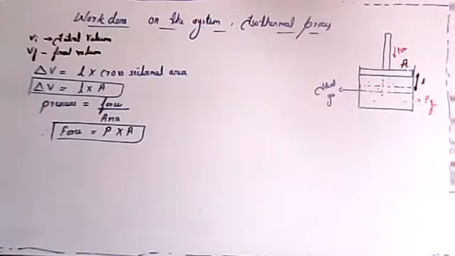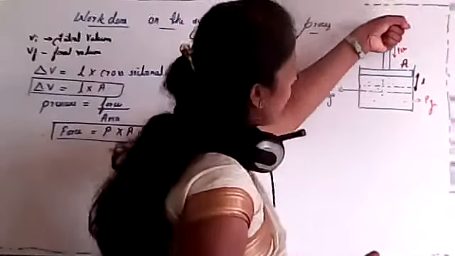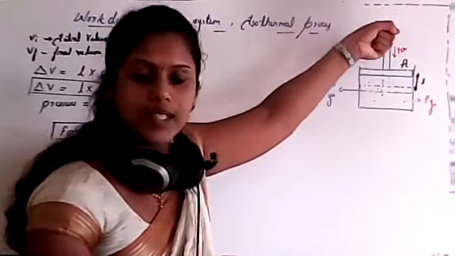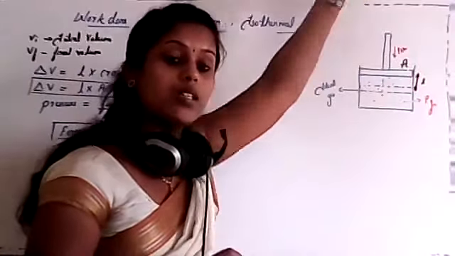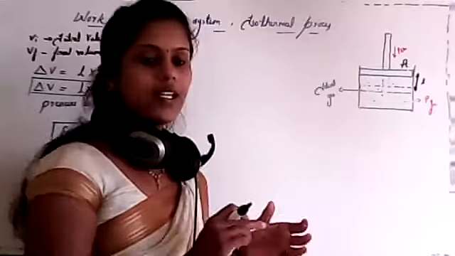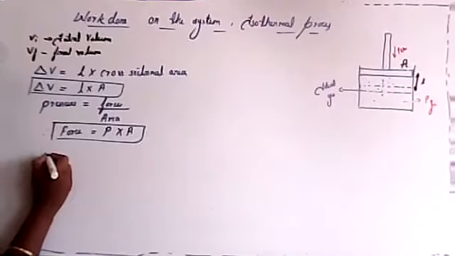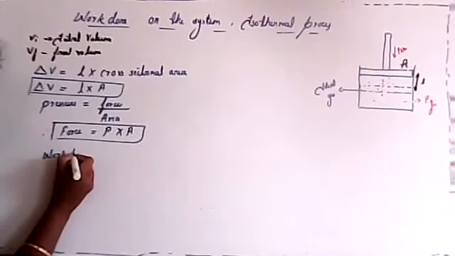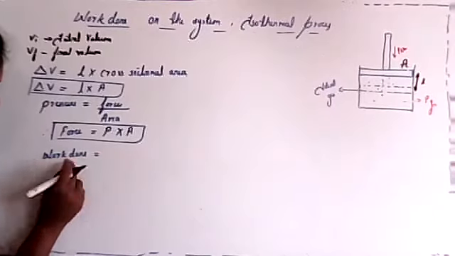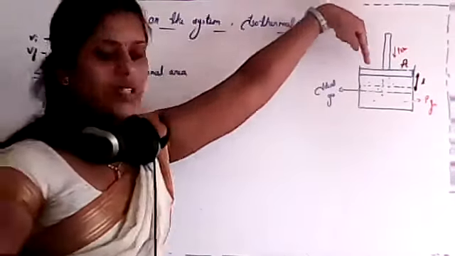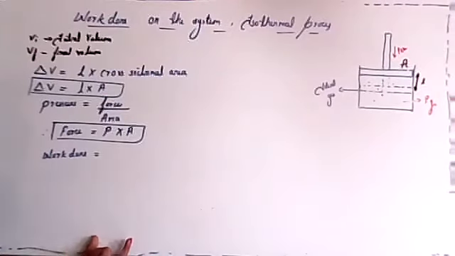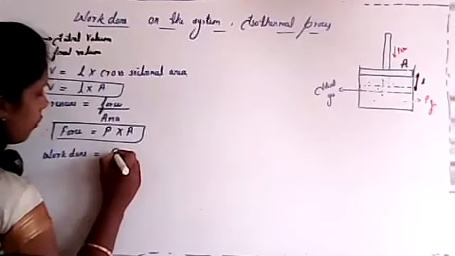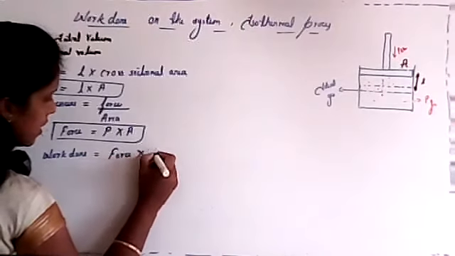Clear? So next, whenever pressure is applied over the system, that means work is done on the system, isn't it? So I'll write work done on the piston equals, what is the formula here, student? Work done equals force into distance.